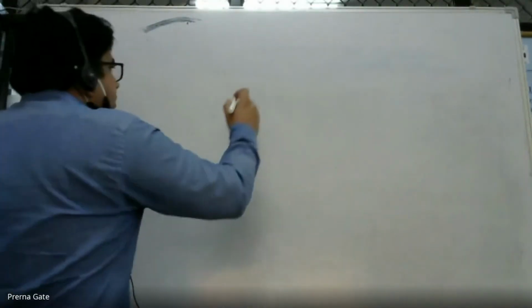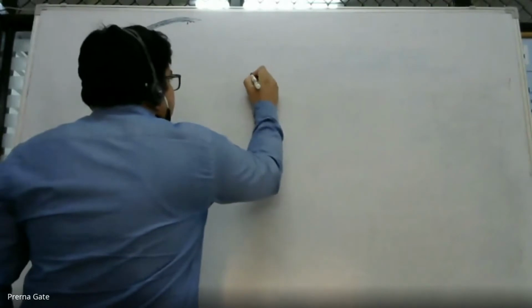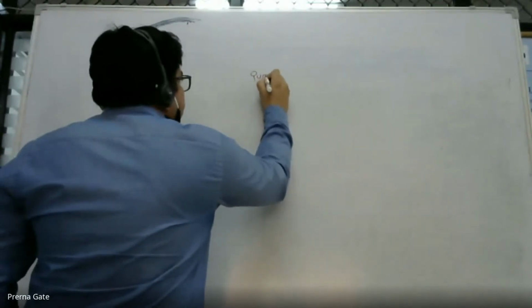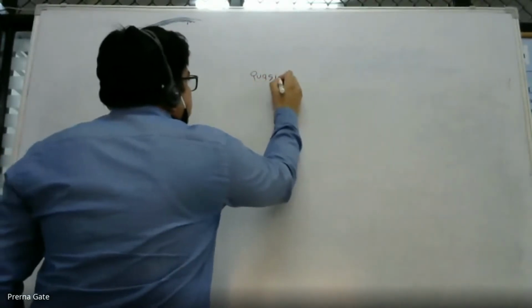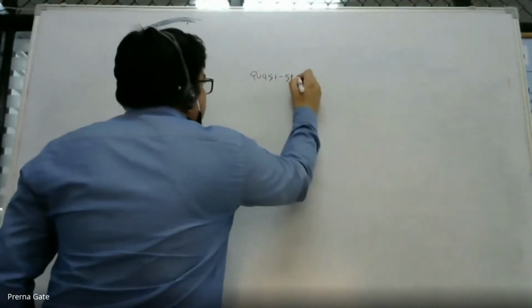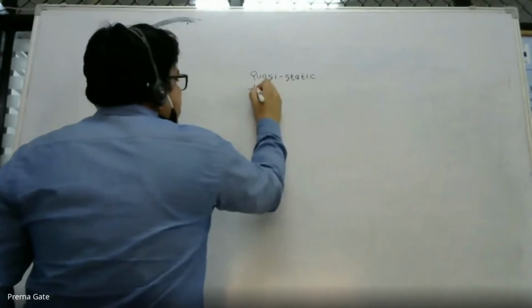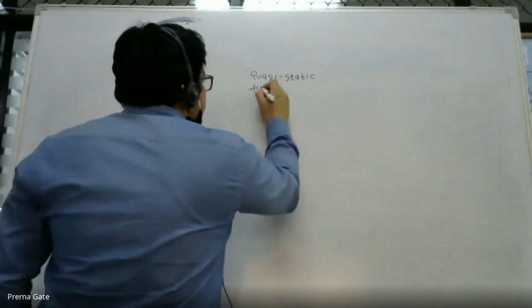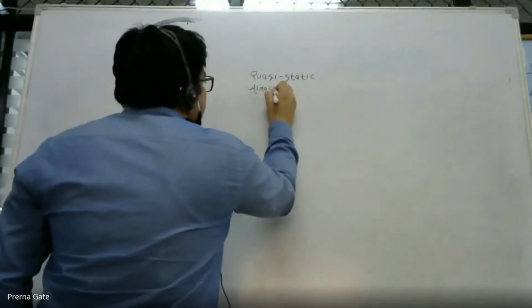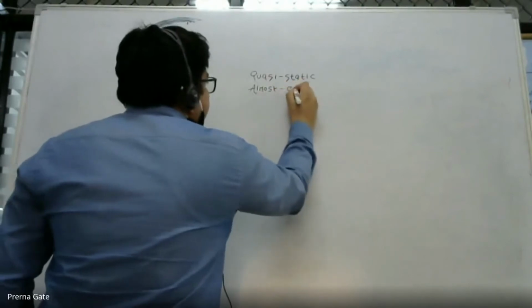I think the screen is visible. So we are going to determine moving boundary work in a quasi static process. Quasi means almost and static means equilibrium.